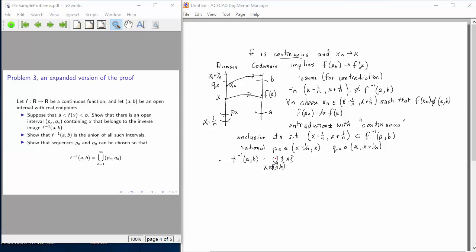So I just start by saying the inverse image is the union of all the individual points in the inverse image. But we found that each of those points is contained in an open interval that extends from one rational number to another. So that's, if anything, going to be an even bigger set.